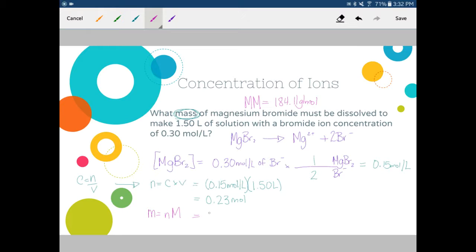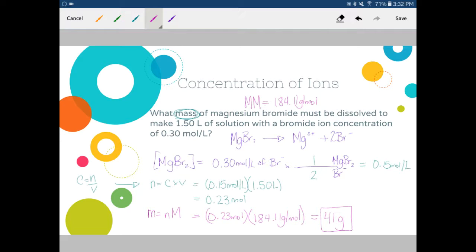So my mass equals my moles, 0.23 moles, times my molar mass, 184.11 grams per mole. When I plug those values into my calculator, I get 41 grams.